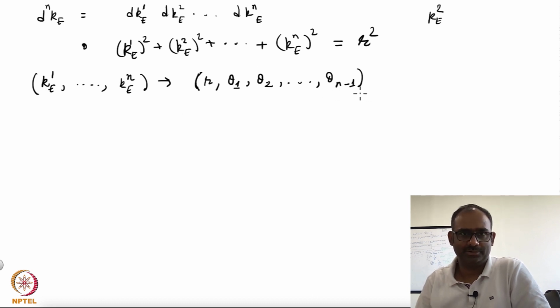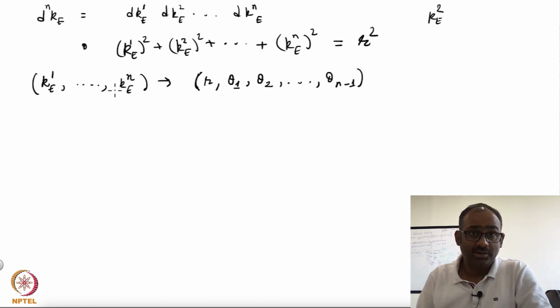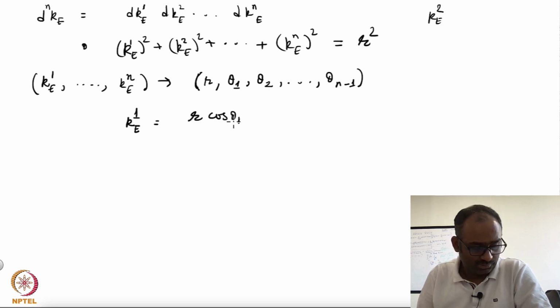But this is one of them which is allowed, and let me give an explicit expression which tells you that you can make such a choice. So here is the explicit result. k_E1 is r cos θ1. k_E2 is r sin θ1 cos θ2.